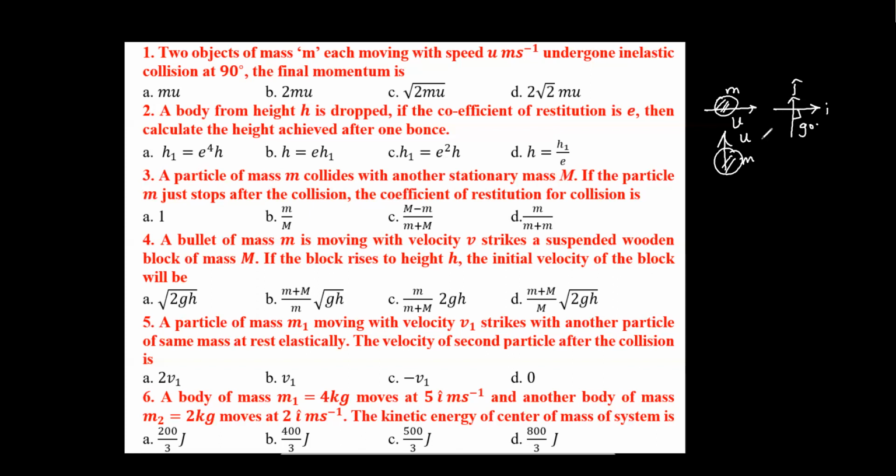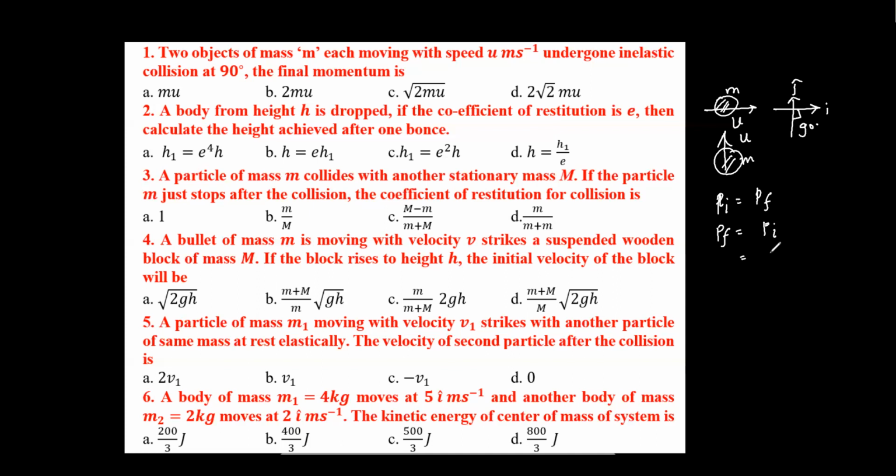So utilizing the concept of conservation of linear momentum, we can say P initial will be equal to P final, and here we have to calculate the final momentum. So the final momentum will be equal to P initial, and we just have to get the initial momentum.